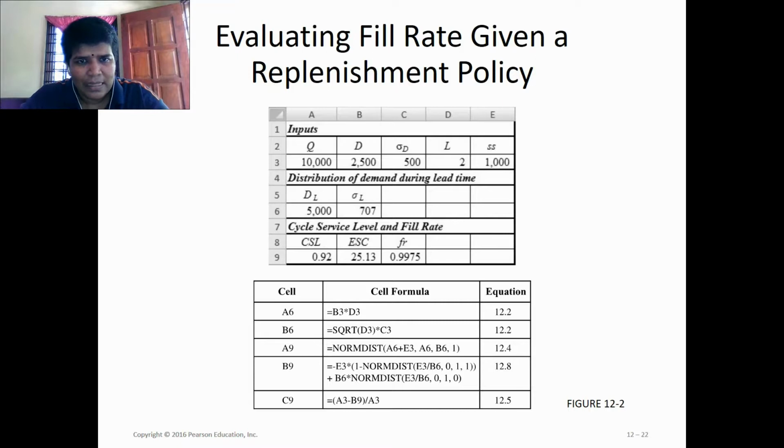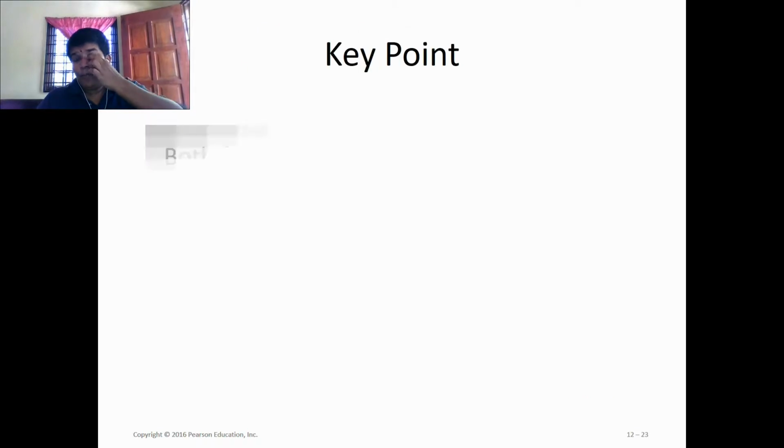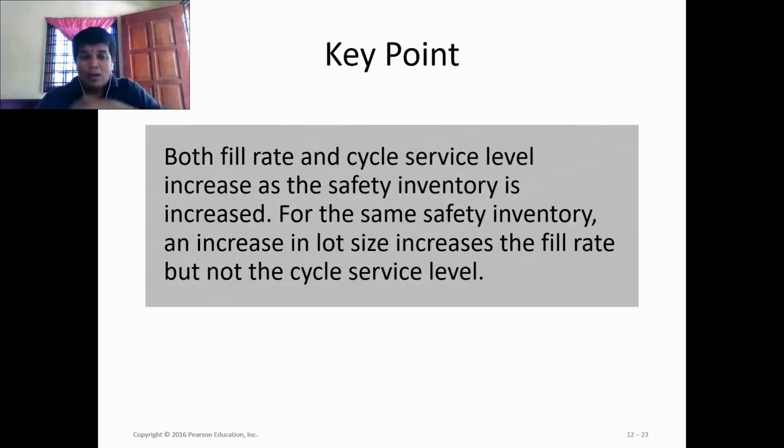So if you follow the steps with all the inputs, I don't think you will have any problem. You can easily derive the values. So the key point in this chapter is that both fill rate and cycle service level increase as the safety inventory is increased.